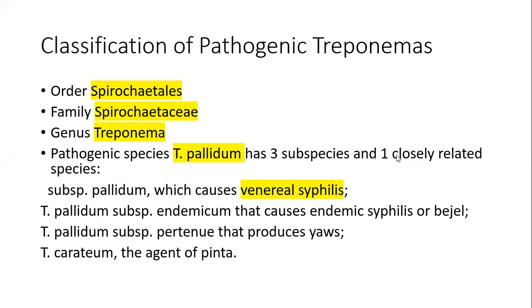The causative agent of syphilis belongs to the family Spirochaetaceae and genus Treponema. The pathogenic species is Treponema pallidum.